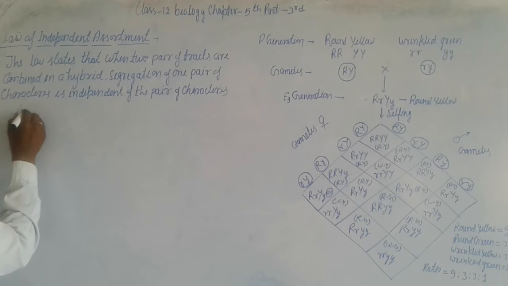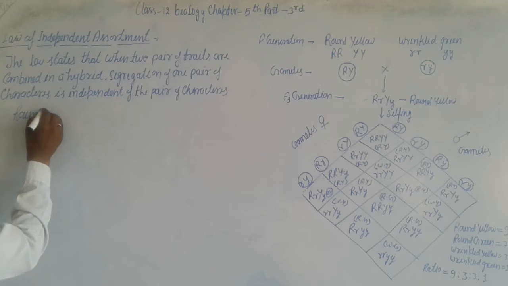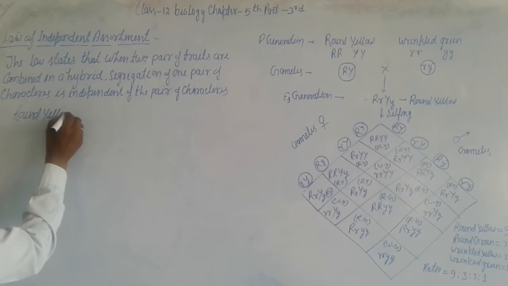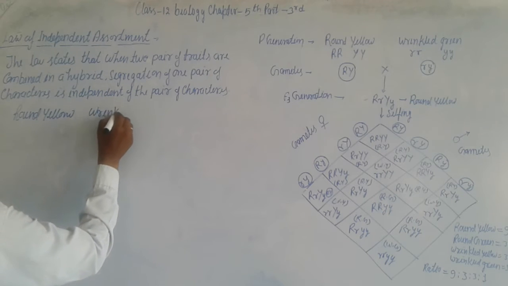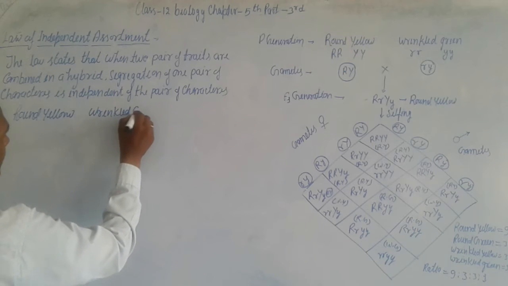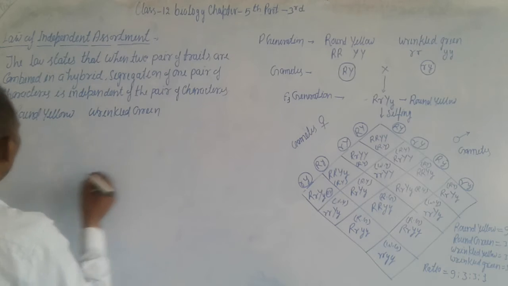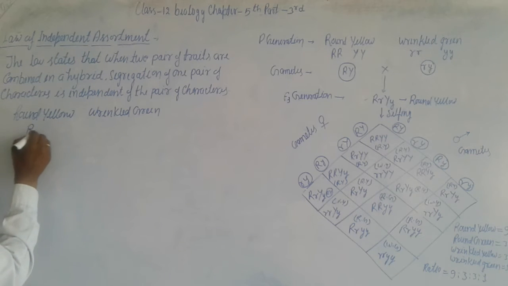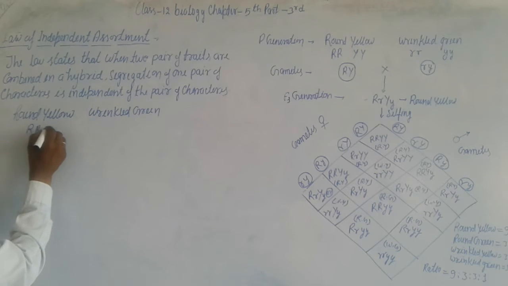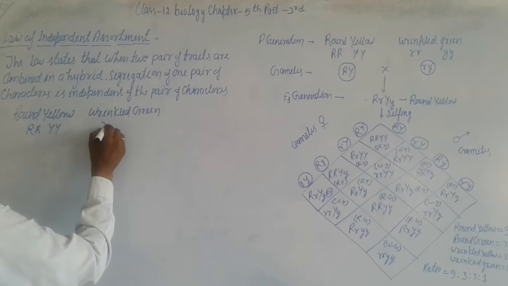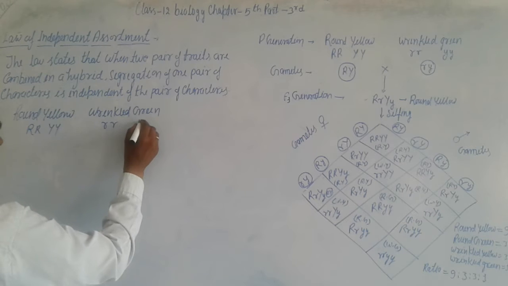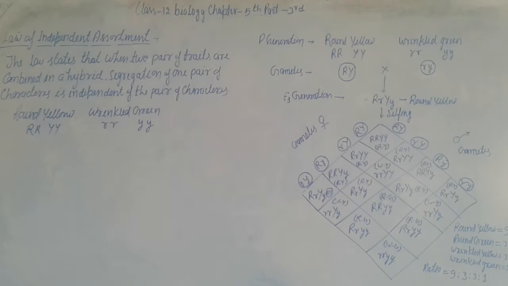First, round yellow and wrinkled green. Round yellow is denoted by capital R, capital R, capital Y, capital Y, and wrinkled green is denoted by small r, small r, small y, small y.